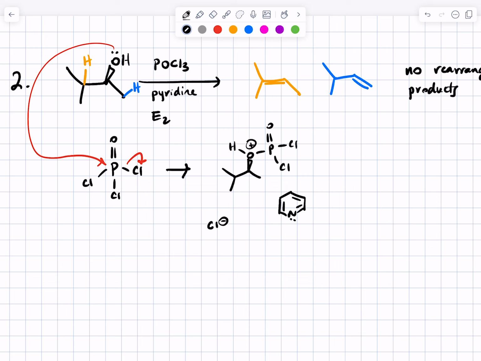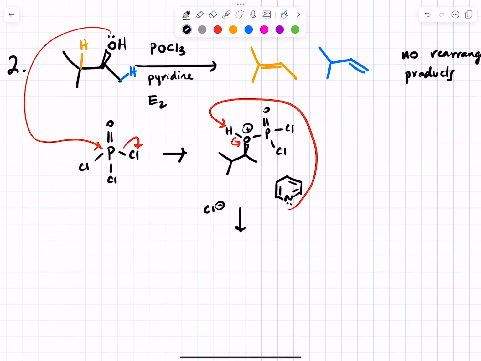Probably, if you think about this as a good leaving group, then we're looking for protons that are beta to that leaving group. However, it looks like you need 2 molecules of pyridine in order to do this reaction, because the first one is going to remove the proton on that positively charged oxygen.